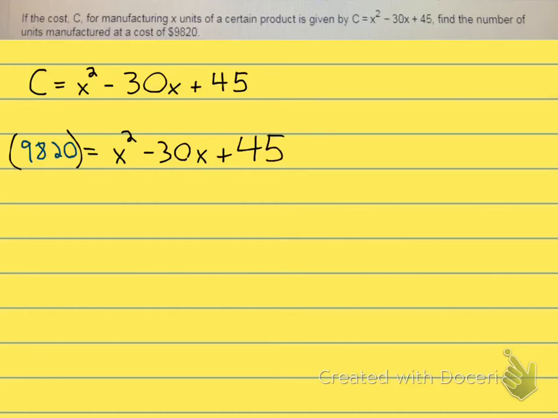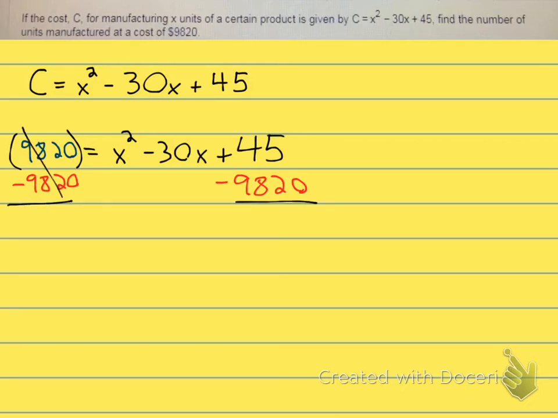Okay, and now this is a quadratic equation. So when you go to solve a quadratic equation, the first step is you want to get it equal to 0. So what we have to do is subtract 9,820 from both sides of the equal sign. It's a constant, it doesn't have any x, so we'll put it with its like term.